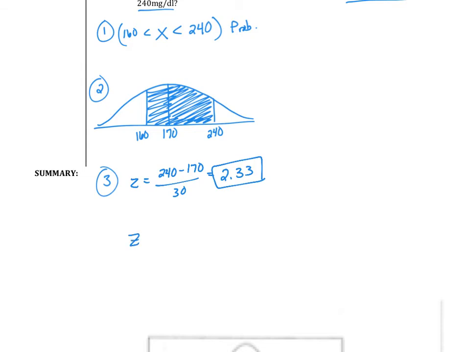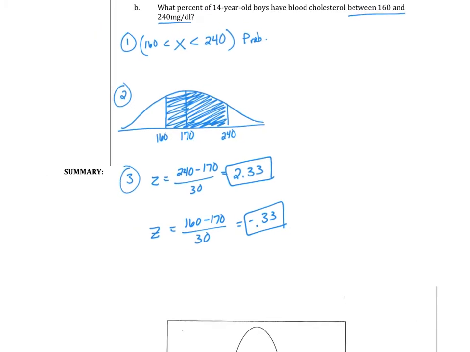And we've got to find the z-score for 160. So it's 160 minus 170 divided by 30. So 160 minus 170 is negative 10, and negative 10 divided by 30 is negative 0.33. So we have 2 z-scores.